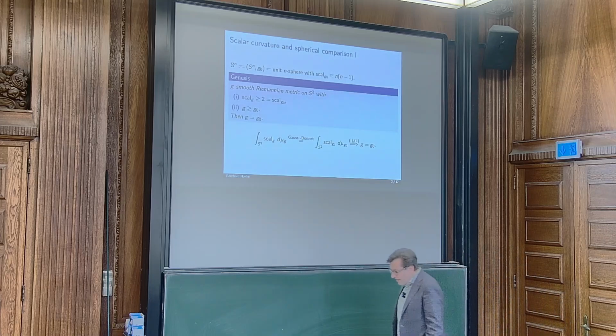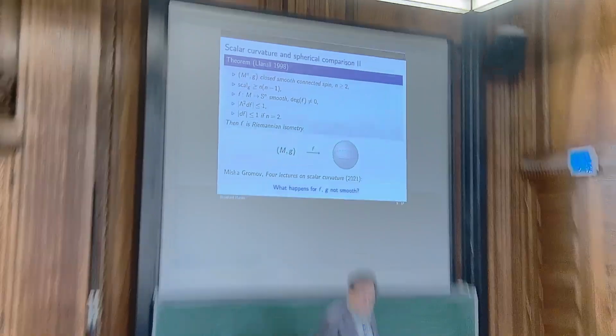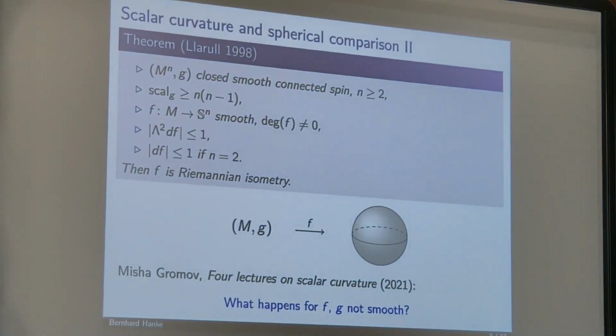And now let's look at higher dimensions. This is a famous theorem of Llarull from 1998, and it is a far-reaching generalization of the fact that I indicated on the previous slide to higher dimensions.